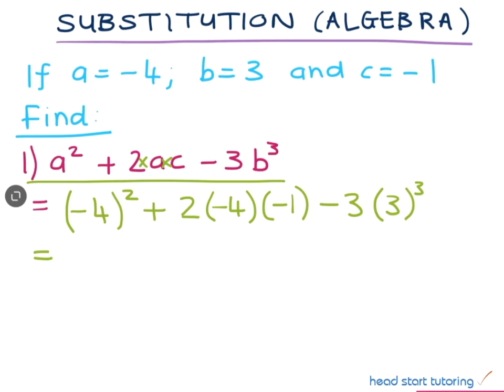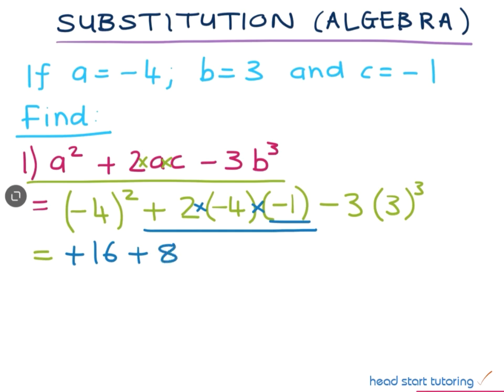So remember that -4 squared is equal to -4 times by -4. A negative times a negative is a positive. 4 times 4 is 16. We are then working with +2 multiplied by -4 multiplied by -1. +2 times by -4 is -8. -8 times by -1 is +8.